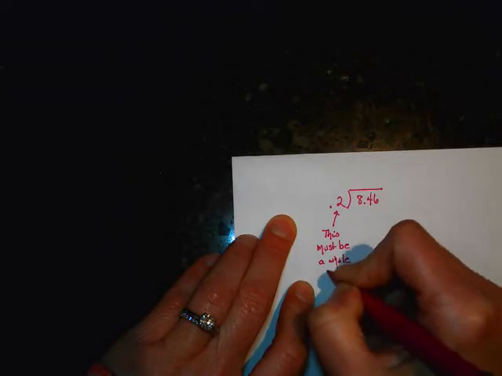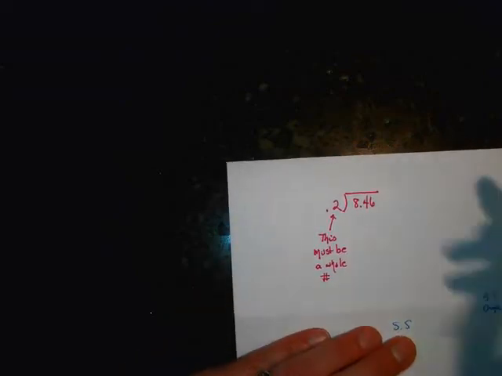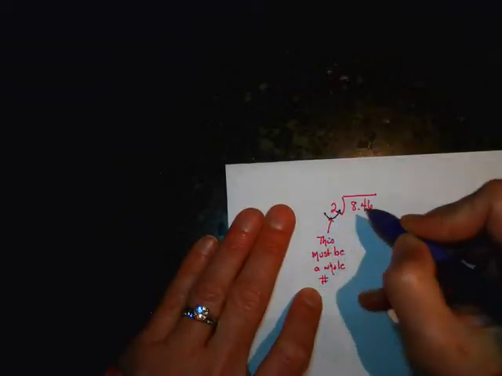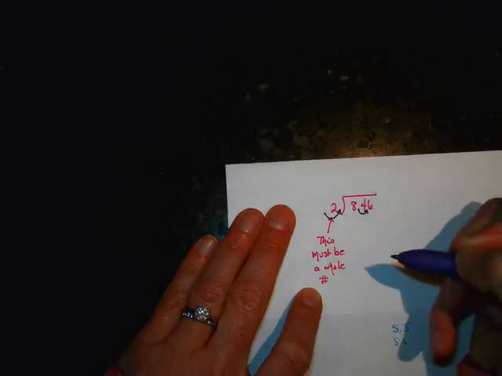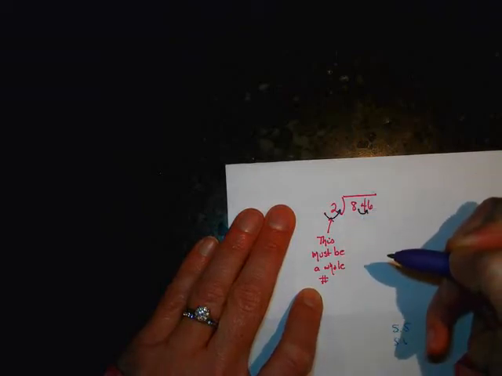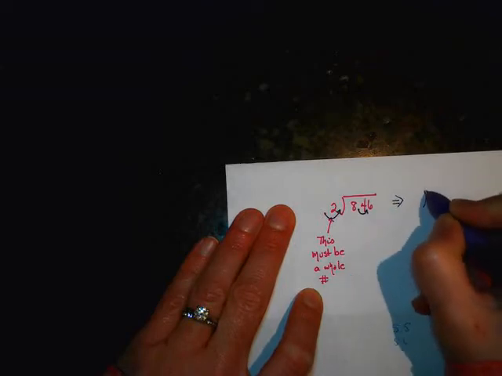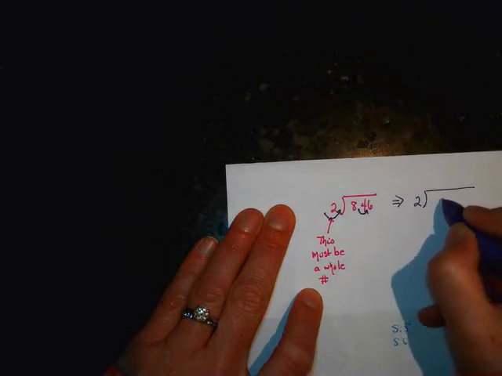To rewrite this as a whole number, we're just going to do a decimal shift. If I shift this one place to the right, I just have to remember I have to shift my dividend one place to the right. And then we can rewrite it. You ready? So this is going to be 2 for my divisor. Instead of 8.46, it's going to be 84.6.